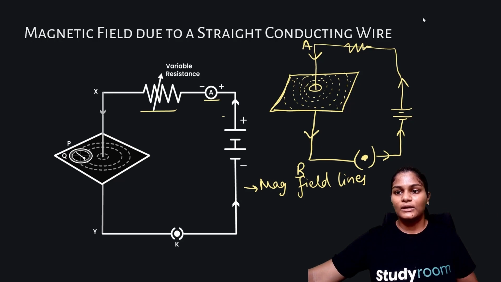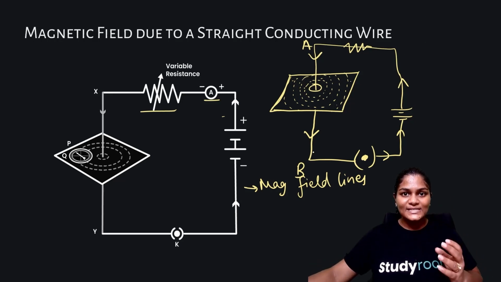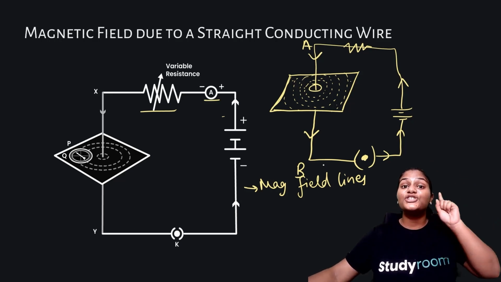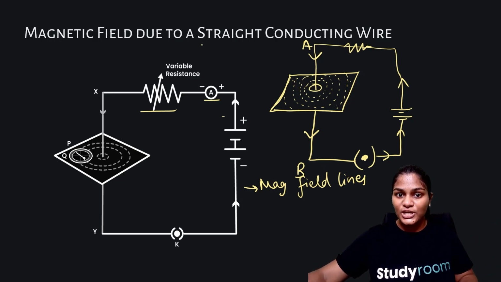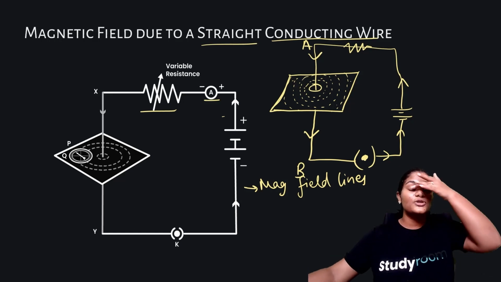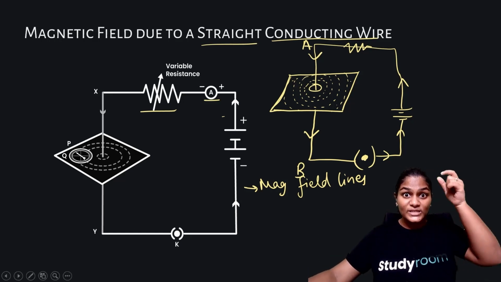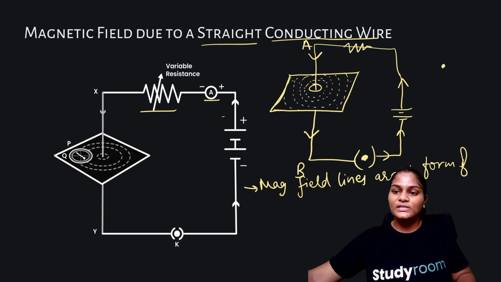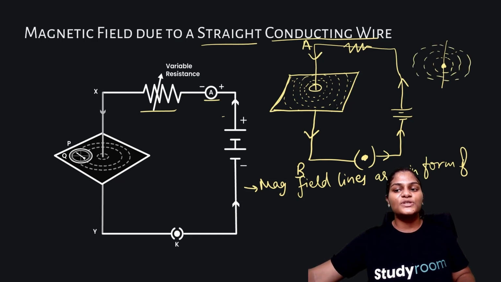Now, in case of the single current carrying conductor, straight. So this is important. It is a straight conducting wire. It is not in the form of a circle or a loop. It's completely straight. So we see that magnetic field lines are in the form of, what do we call these circles which have the same center?